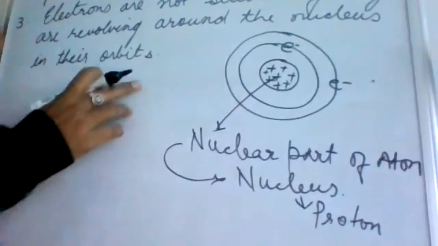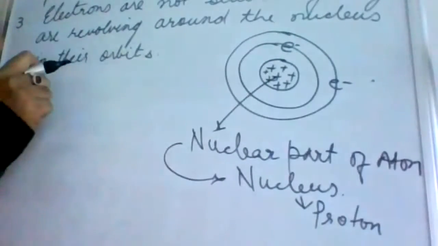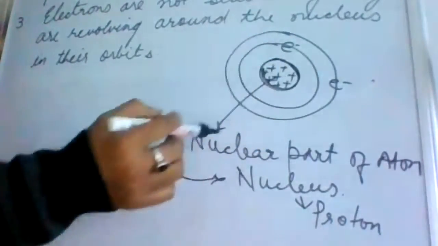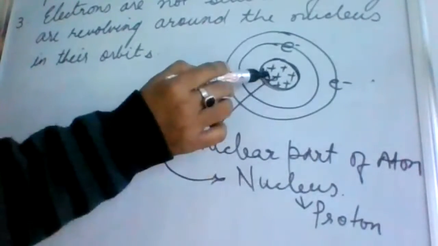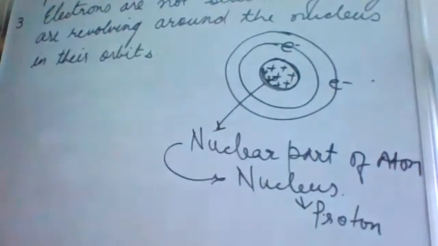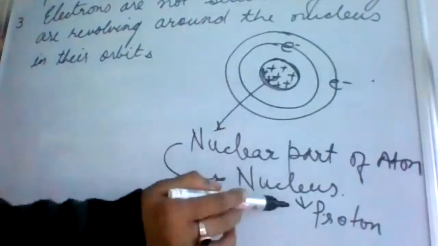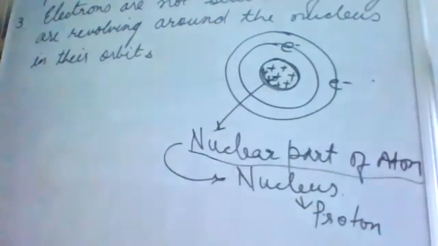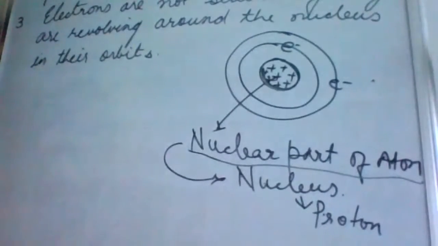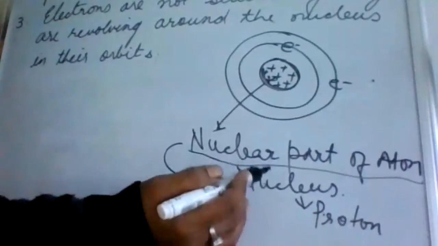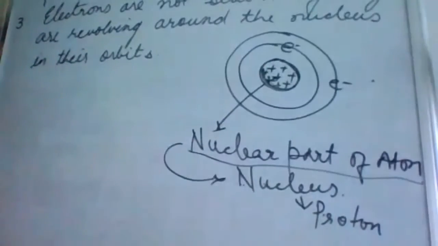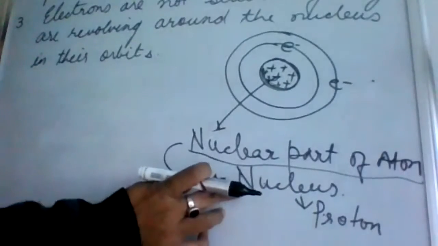So according to the Rutherford model, an atom consists of a center. Center is called what? Nucleus. And what is present in the nucleus? Proton is present in the nucleus. The part of the atom where proton is present is called the nuclear part of the atom, and this is called the nucleus.